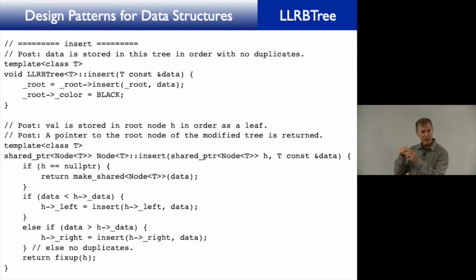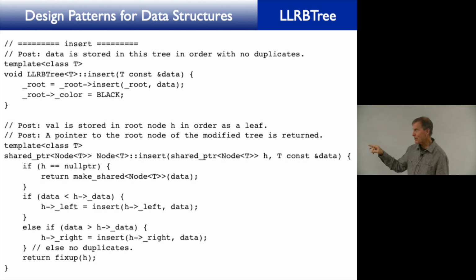The root after that might be red. That call might have made the root red, and so therefore we set it to black. The only time you would want the root to be red is the very first time you ever put it in. But on the other hand, this will change it to black. So the root of the tree itself will always have a black pointer to its non-existent parent.